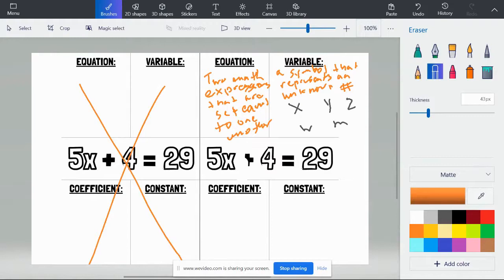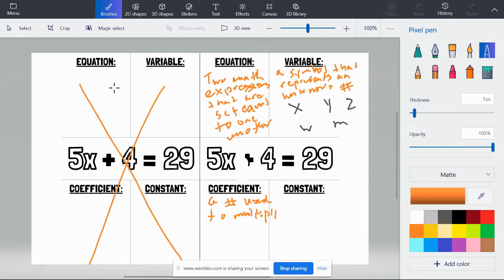Okay, coefficient is going to be a number used to multiply a variable. A number used to multiply a variable.